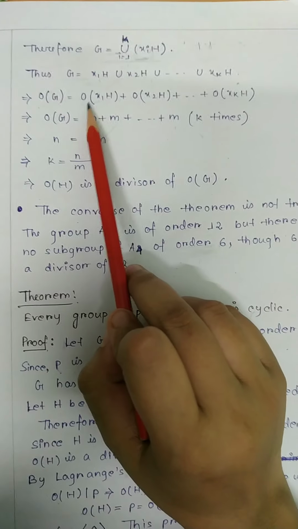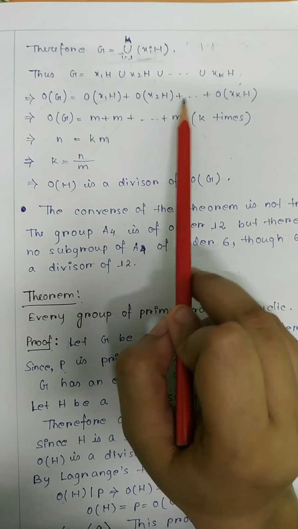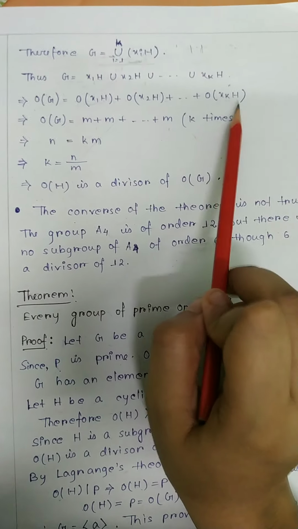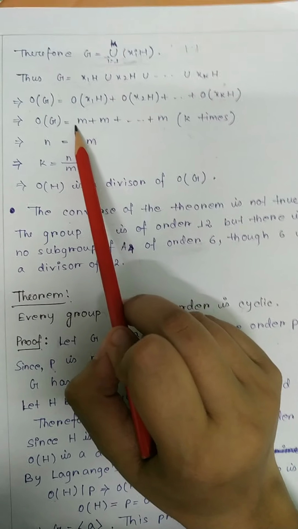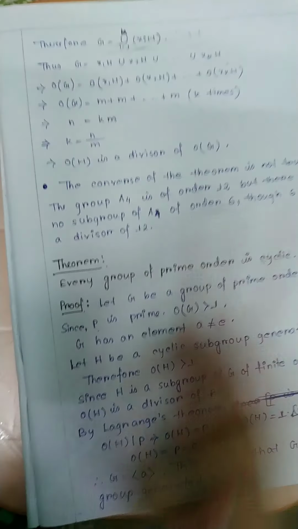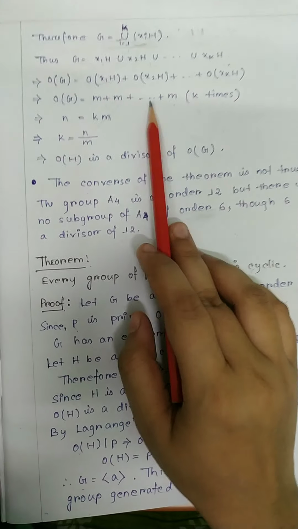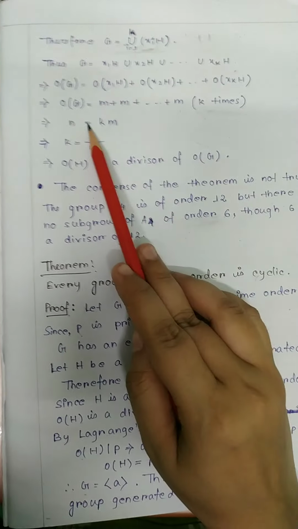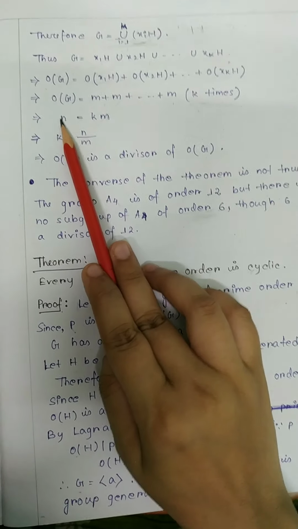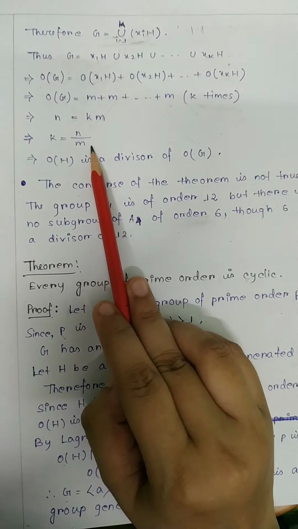So order of G equals order of x1H plus order of x2H plus ... plus order of xkH. We know that the order of H equals m, so each coset has order m, k times. So order of G equals n equals km, and k equals n by m.